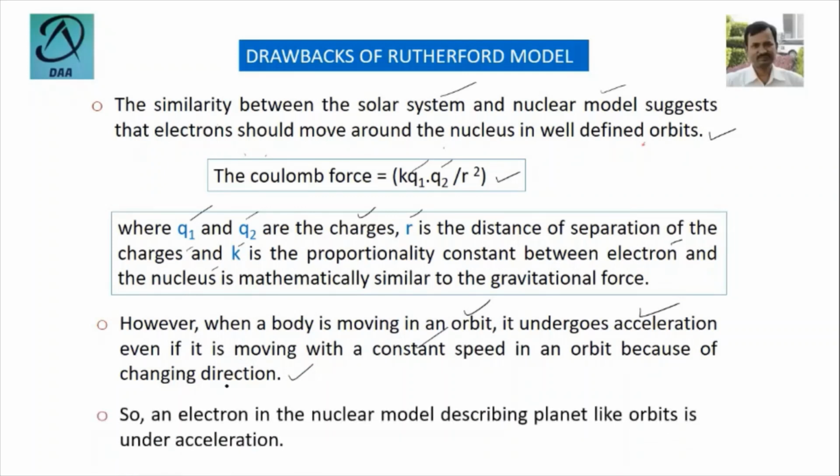So in this nuclear model, the electron also acts like the planet, and the orbiting electron is under acceleration.